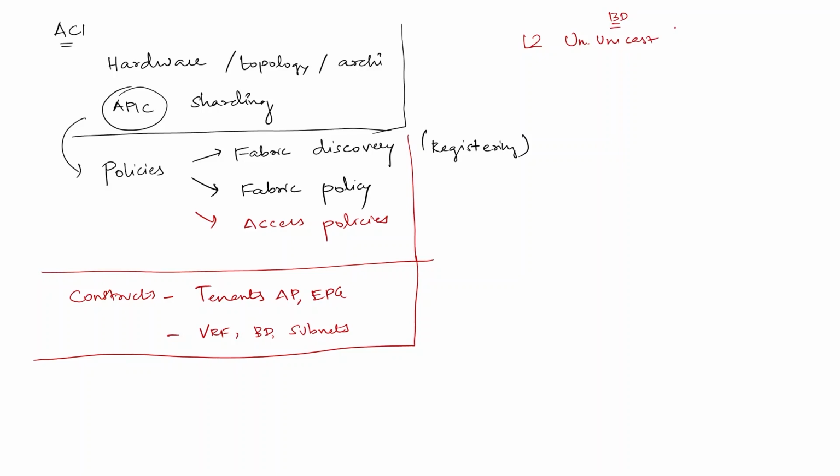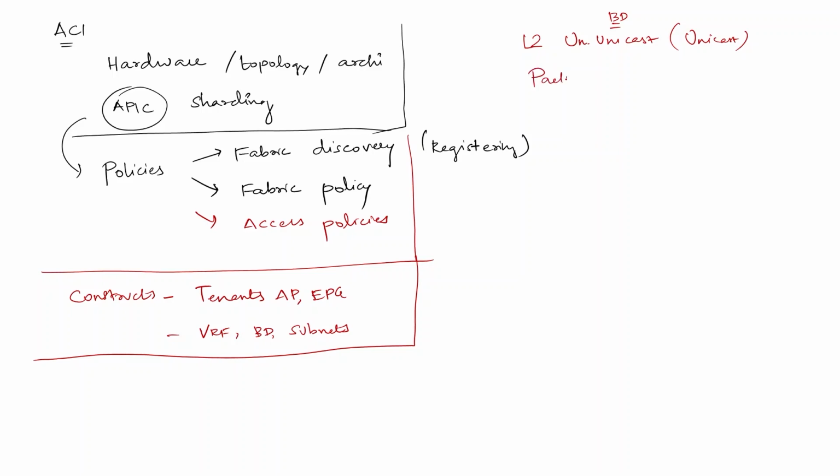Now you can set this to flood or you can unicast this. Generally in a traditional network the layer 2 unknown unicast is flooded, but here in ACI you can make it as a unicast, which means the way that the packets flow could be modified, altered in the ACI fabric. Now that is one thing we would explore in detail.